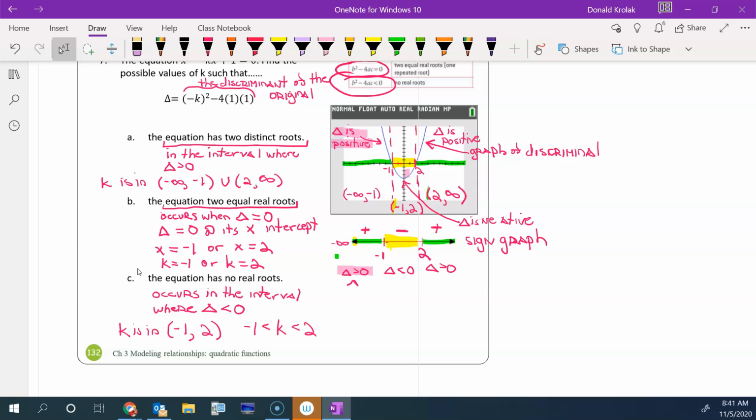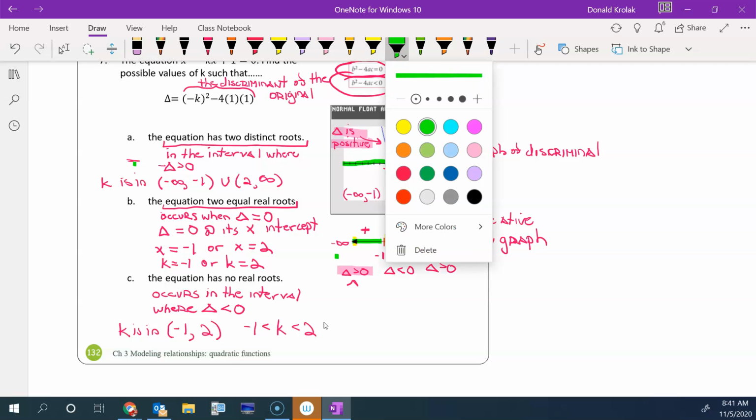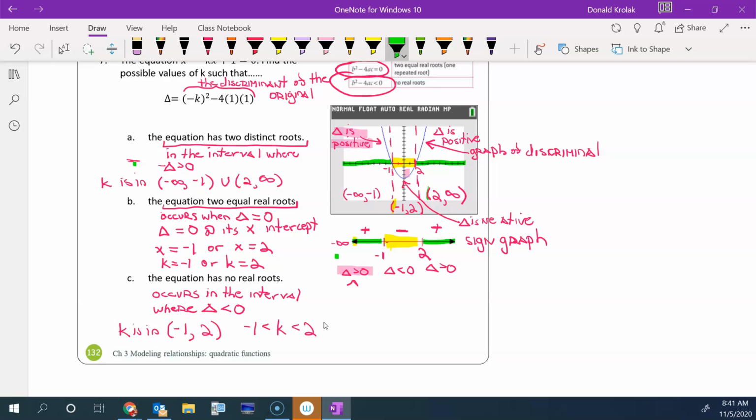And if it's equal to the x-intercepts, it's going to have 2 equal roots. So all we're doing is looking at where the graph is positive.